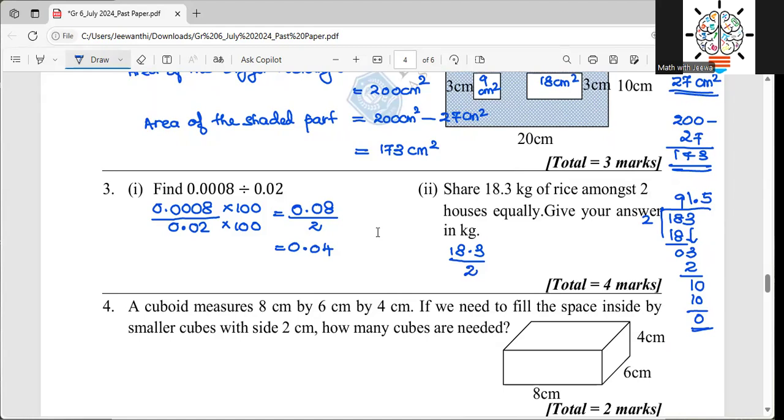But my question is not 183, no. So it is 18.3. Therefore, I want to consider another decimal here, that becomes 9.15 kilogram. For each house, they receive 9.15. So then this is how you want to do the division.